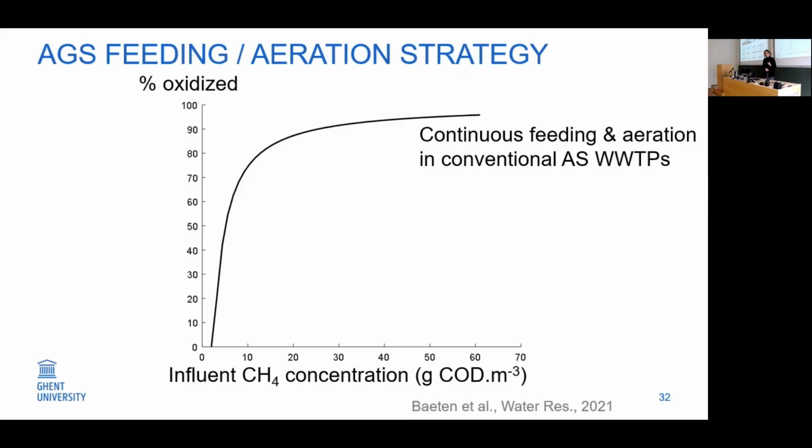This graph shows now for a conventional activated sludge system how much of the methane that enters the biological reactor is oxidized. And for conventional activated sludge, this is very good. At least in our model, it's 85%, depending on the influent methane concentration.